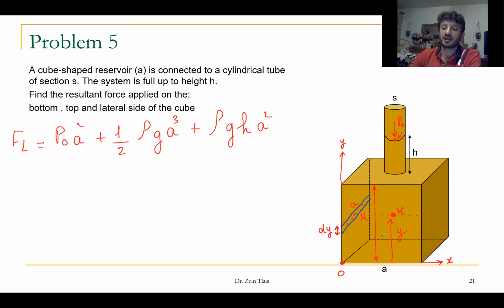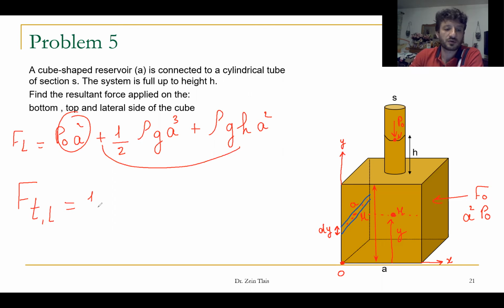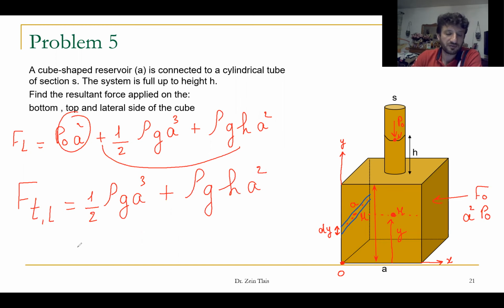Anyway, the total, as we have an external F0, which is equal to A square times P0, we can say F total at the lateral side equals only this part, which is equal to half rho G A cube plus rho G H A square.